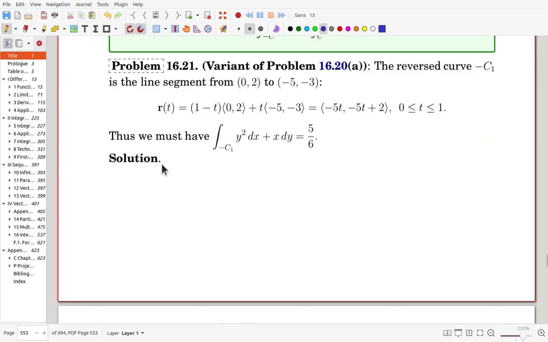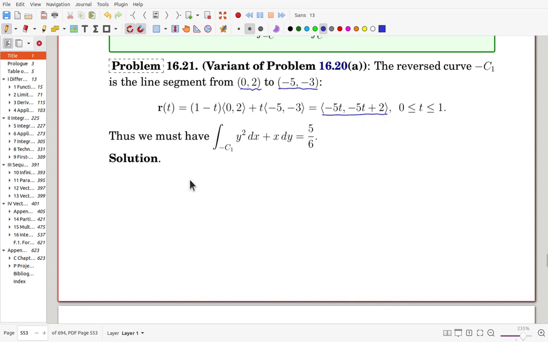Then it can be parameterized in this way. Now this is the beginning point, and this is the terminal point. So here 1 minus t times the beginning point plus t times the terminal point. So we have that parameterization. It looks a little bit different, right?